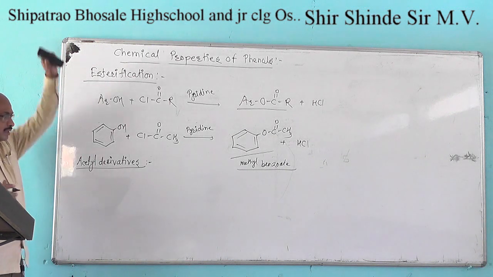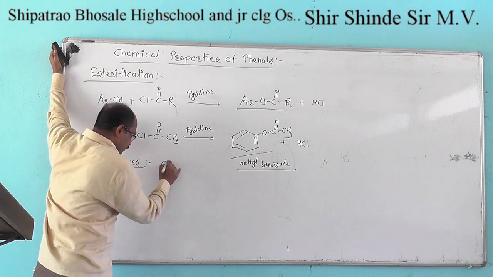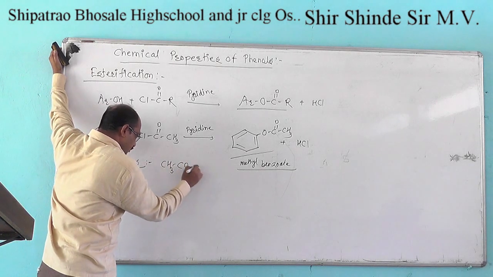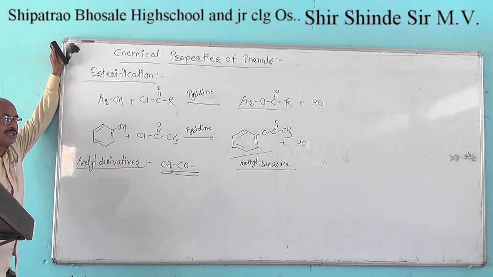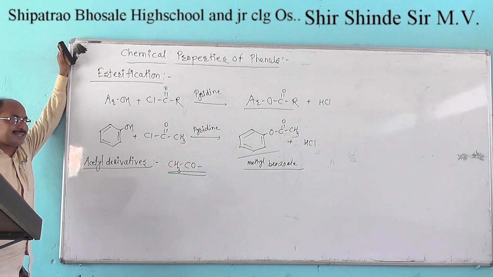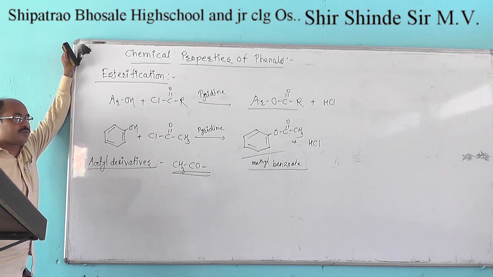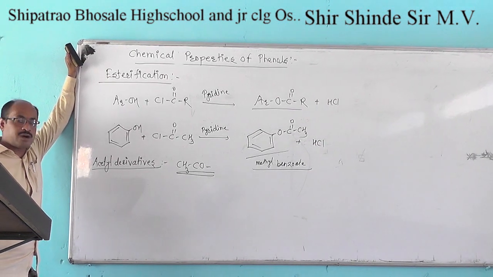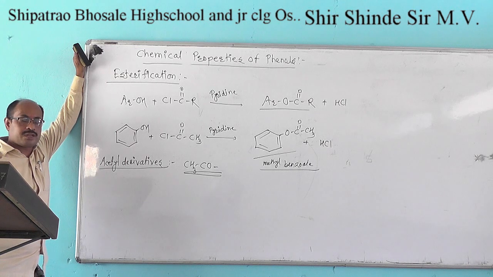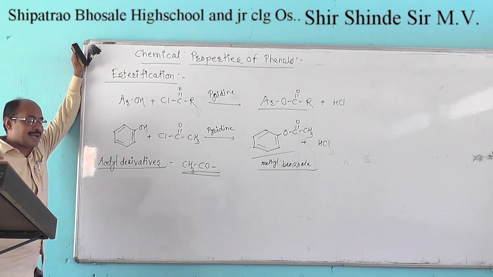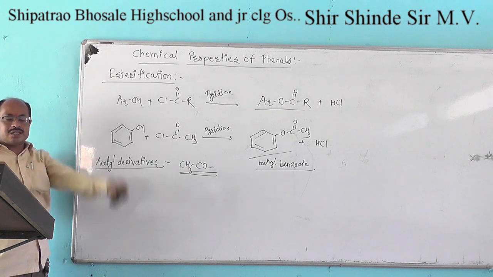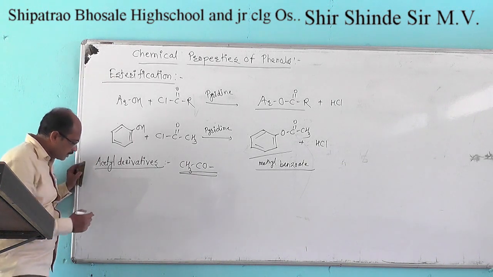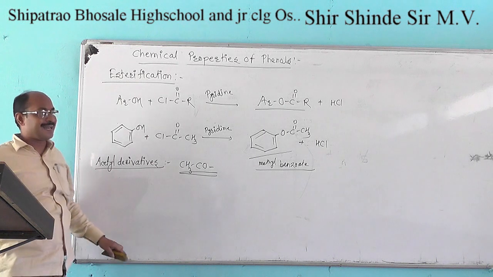The CH3CO group is known as the acetyl group. This group, in the form of acid anhydrides, reacts with the substituted phenol derivative compounds to form the corresponding acetyl substituted compounds. The well-known compound is salicylic acid.